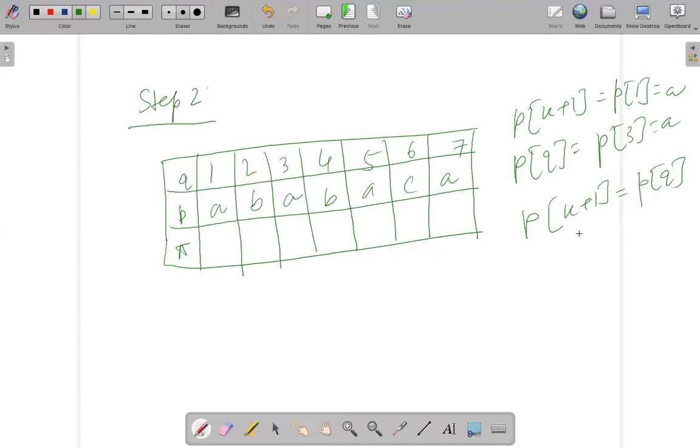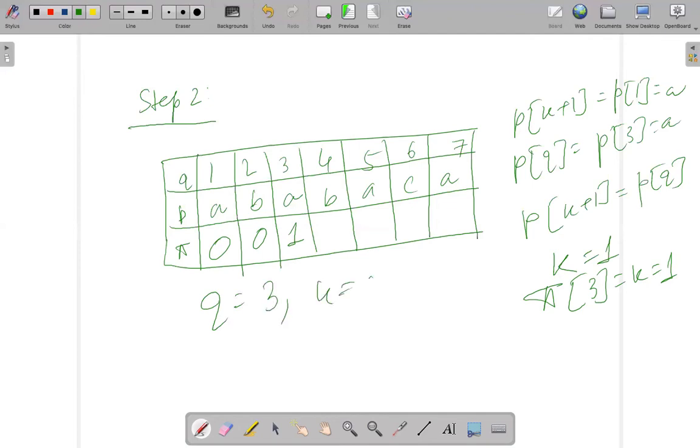Therefore, you do not enter the while loop and your k equals 1 and pi 3 is equal to k is equal to 1. Okay. So now after this step, your q is 3, k is 1 and pi 3 is equal to 1.